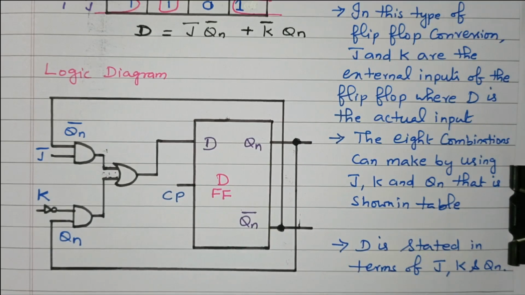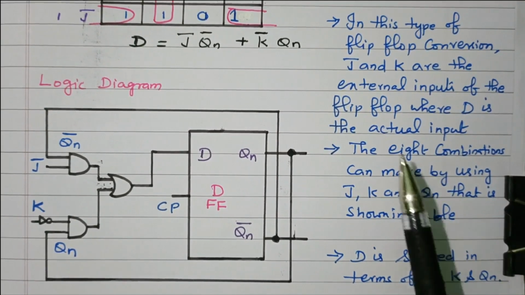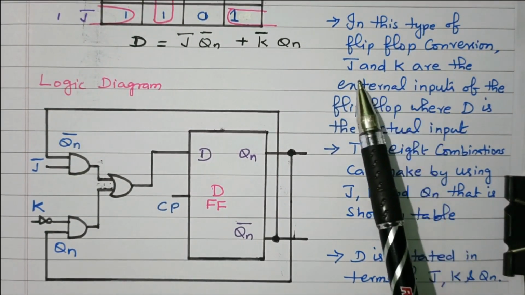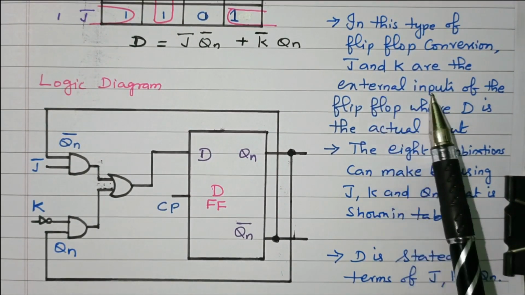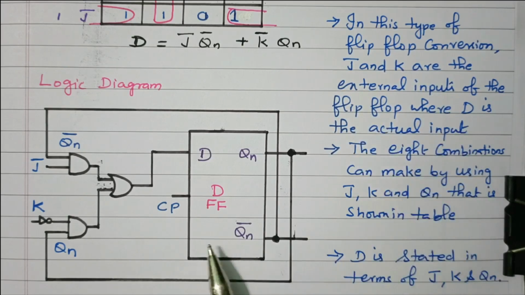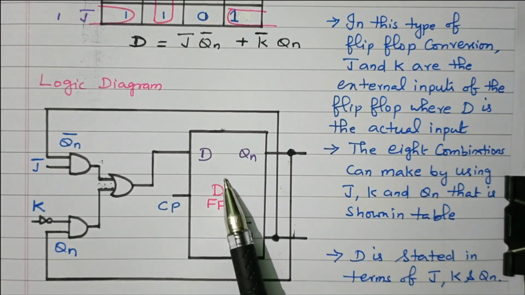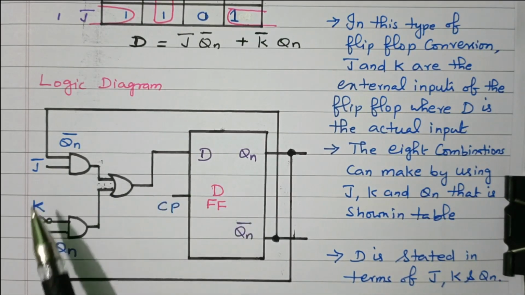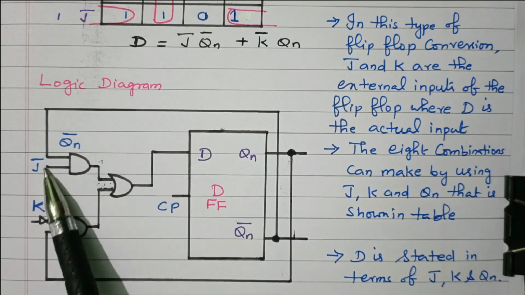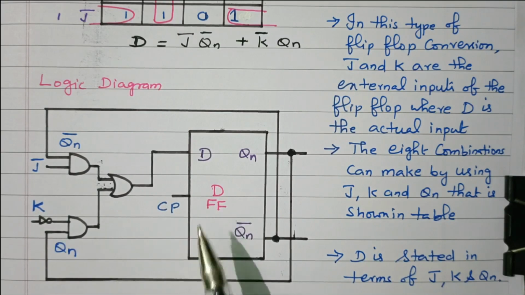Now we'll see some small description. In this type of flip-flop conversion, J and K are the external inputs of the flip-flop where D is the actual input. So in the D flip-flop we need to give the D input, that is the actual input, but we are giving J and K externally as the input so that it will convert into JK flip-flop.